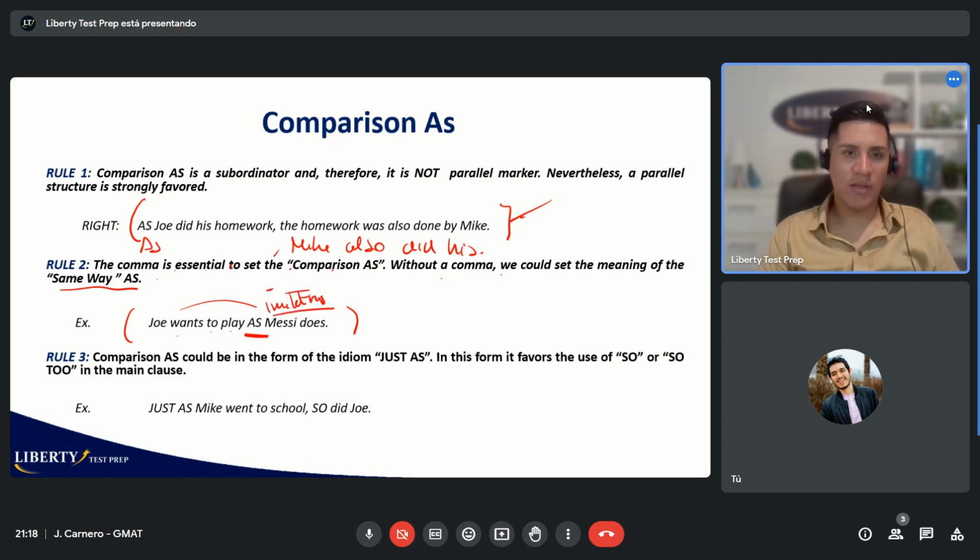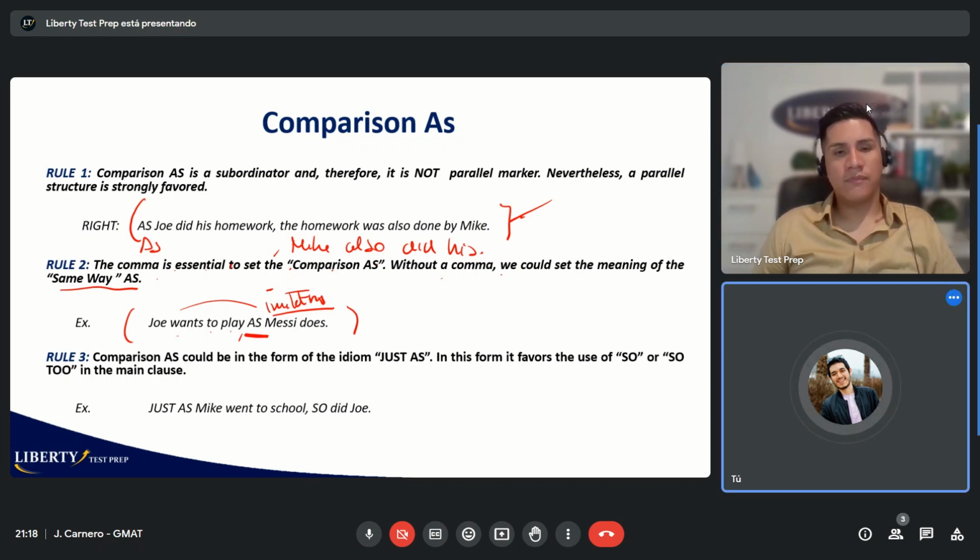You see, and that's not what we want. Maybe, it depends on the context, right? But if you have a comma, that's different. It's not an imitation anymore. That means a comparison. You have Joe wants to play, and also Messi wants to play. Different. So the comma is essential to set that comparison meaning. Is that clear? Yes. Very good.